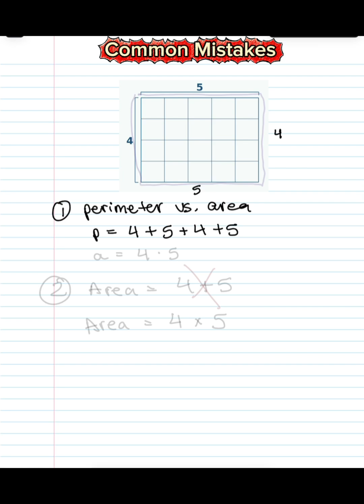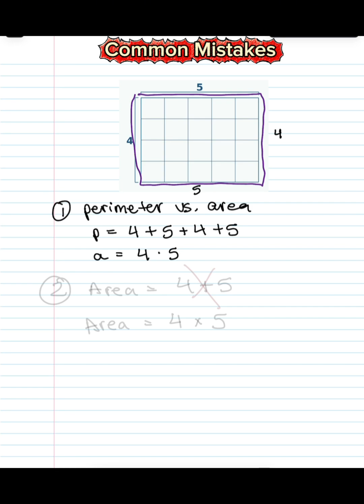So the perimeter is the distance you would travel if you walked around the shape. And the area is the rows by the columns, so that's 4 times 5. So don't get those mixed up.